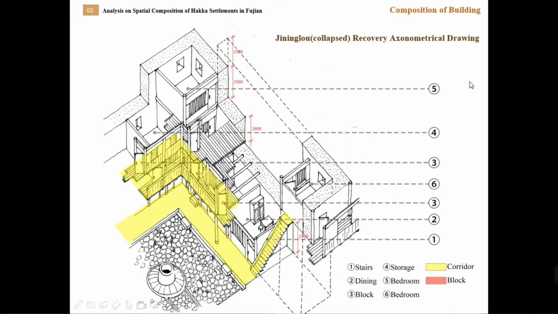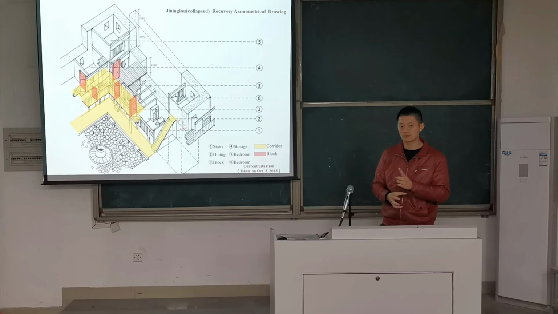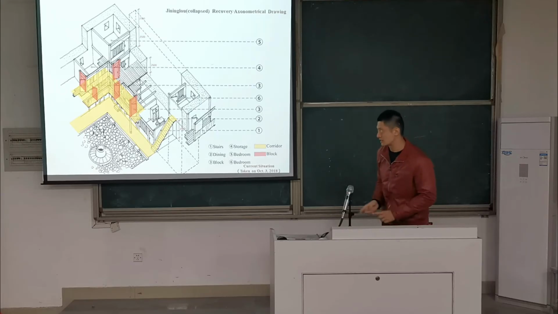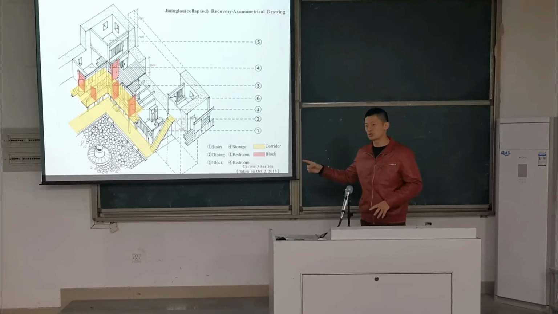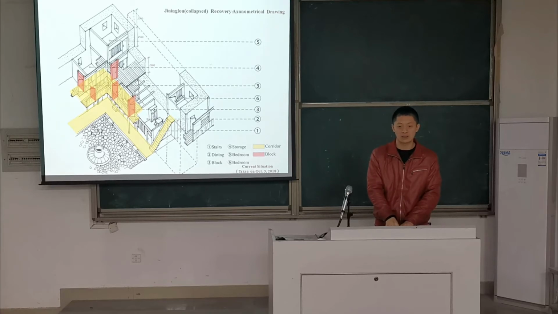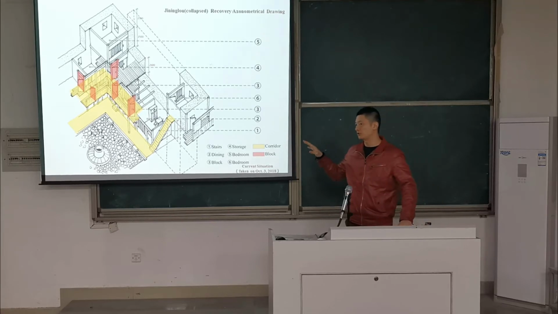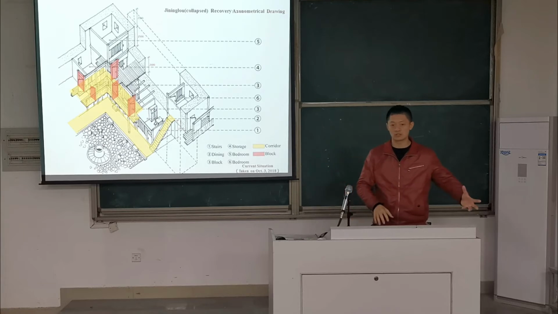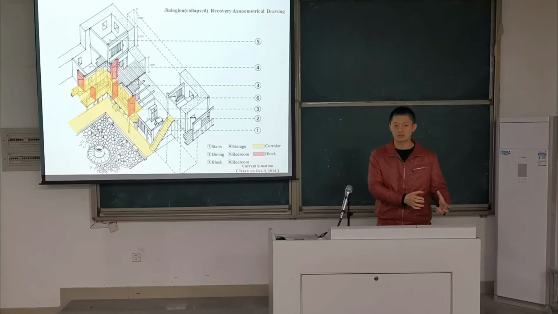This is the corridor, right? This is the corridor, and this is the staircase which goes up. And then they have those respectively distributed doors. Each door blocks the territory of one family. What's weird is that this Tulou is also located in the Hakka area, but the place is very close to the Minnan area.